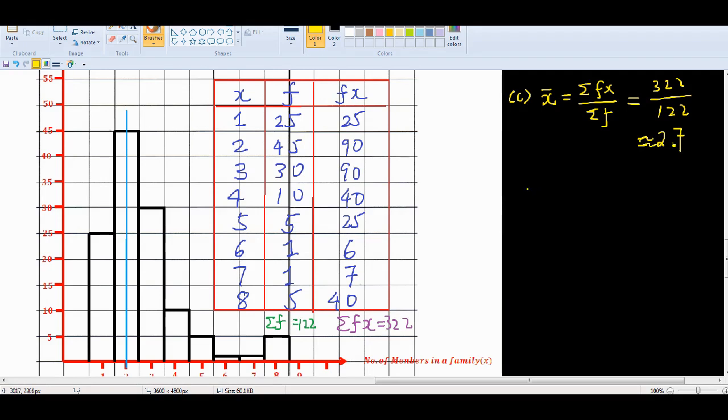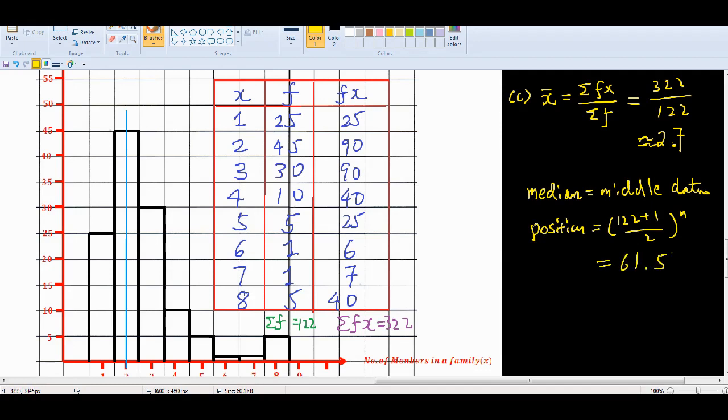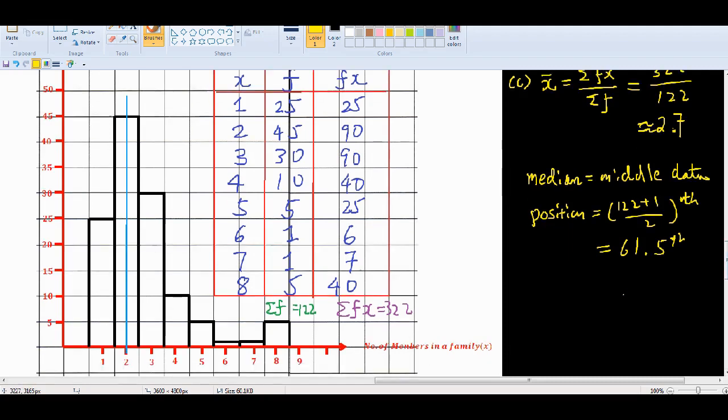Now, how to find the median. Remember the median is the middle data. Its position could be found by n plus 1 divided by 2. So that's 61.5. That means it should be between the 61st data and the 62nd data, right?